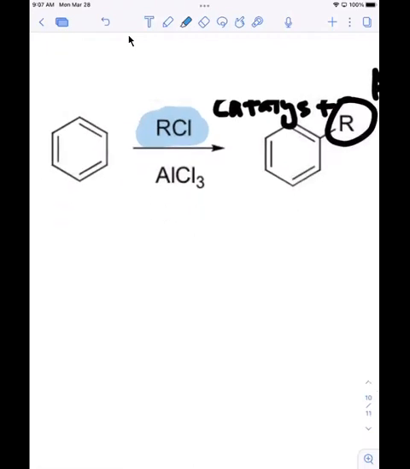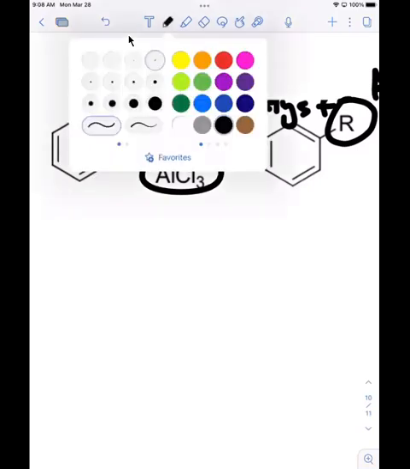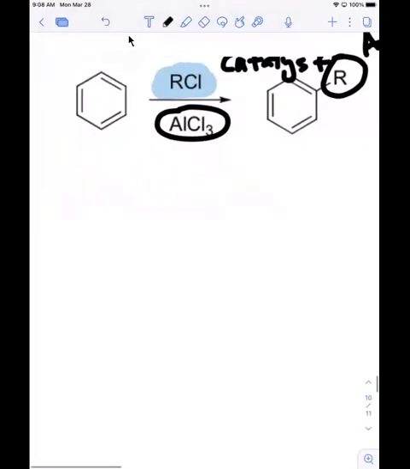So the Friedel-Crafts alkylation is the addition of an alkyl group. This reaction is no different than the halogenation. The only difference is what the catalyst is and what your alkyl halide, or your electrophile, is. The mechanism is identical to halogenation.